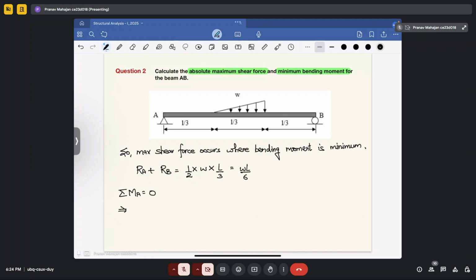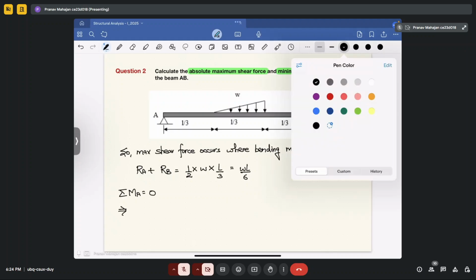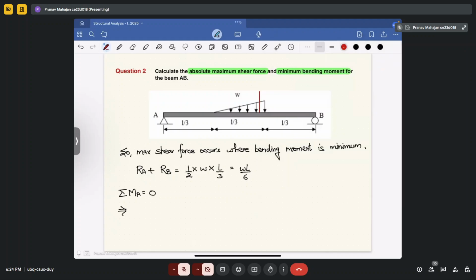If you convert this uniformly varying load into a point load, this load will come at this point. Its maximum value will be equal to WL by 6, and this will be at a distance of 2 by 3 into L by 3 equal to 2L by 9 from this point.